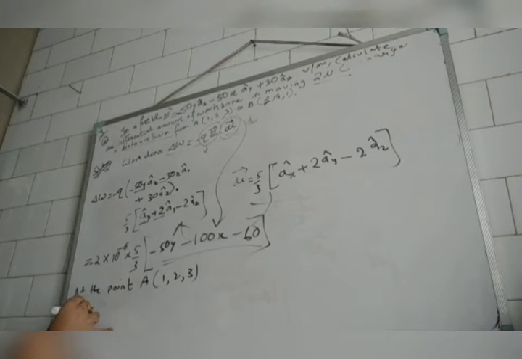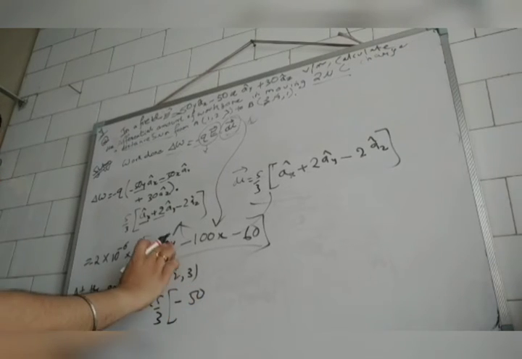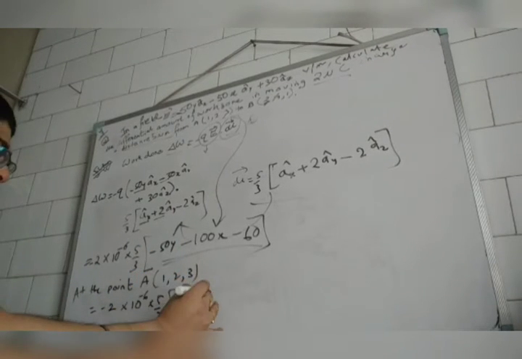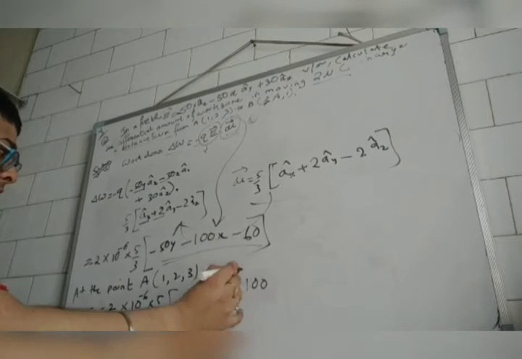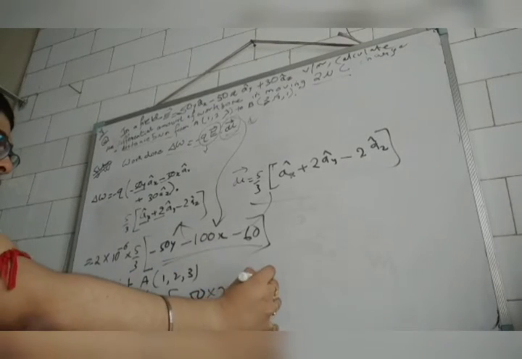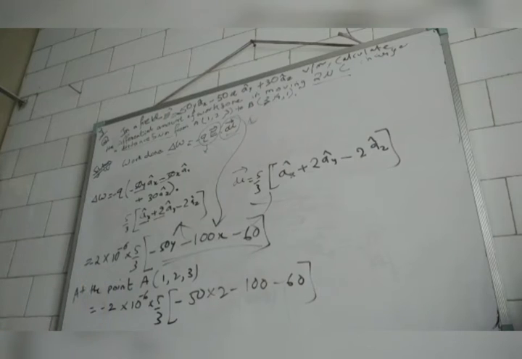So what we have is minus 2 times 10 to the power minus 6, times 5 by 3, and minus 50y. What is the value of y at this point? It is 2. Minus 100, the x value is 1. So this is minus 60. Now if you calculate this, this will be minus 100 and minus 100, so minus 200, and we have minus 60, so we have 260 from here.